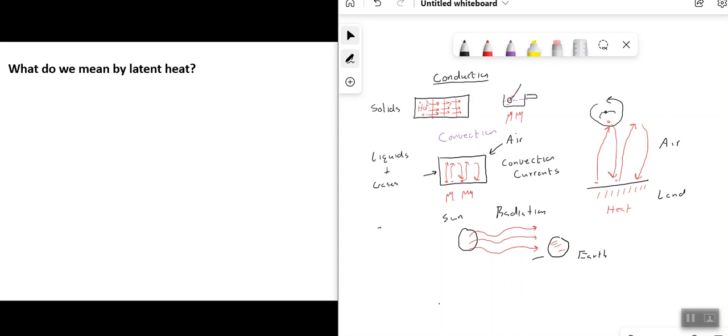All of this area here would be a vacuum, so there are no particles in here. Therefore heat can move through radiation from the sun to the earth.